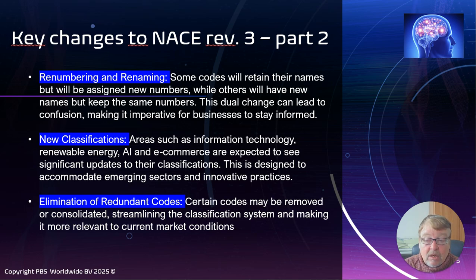This is designed to accommodate emergent sectors and innovative practices. Then, elimination of redundant codes. Certain codes may be removed or consolidated, streamlining the classification system and making it more relevant to the current market conditions.